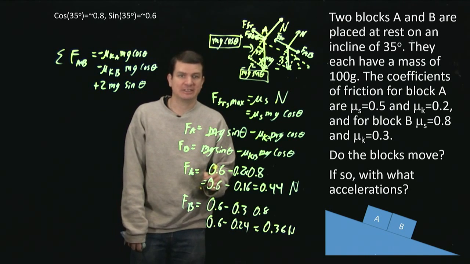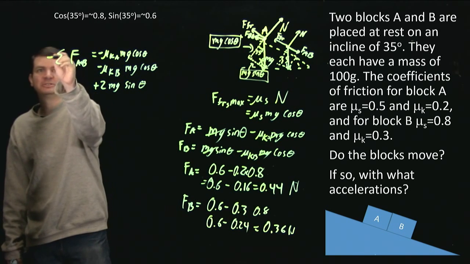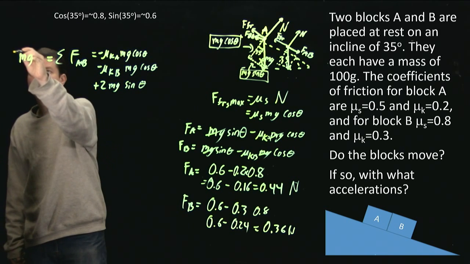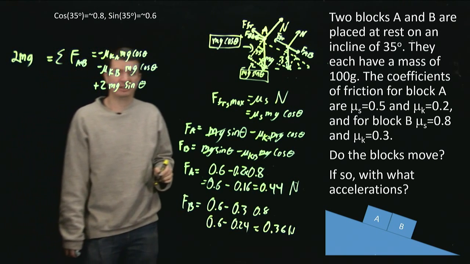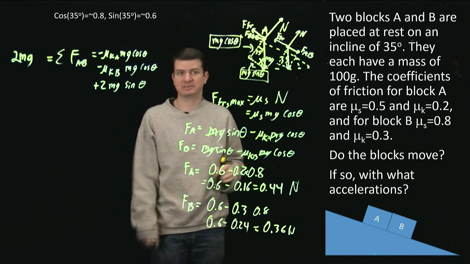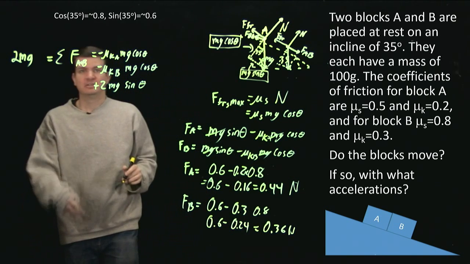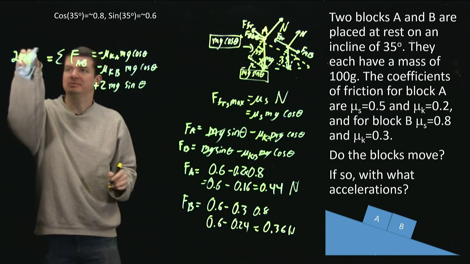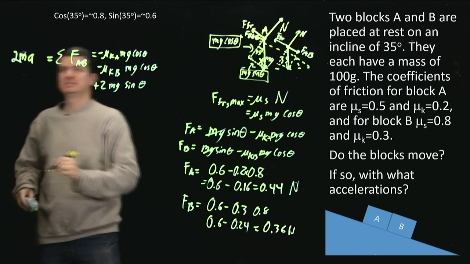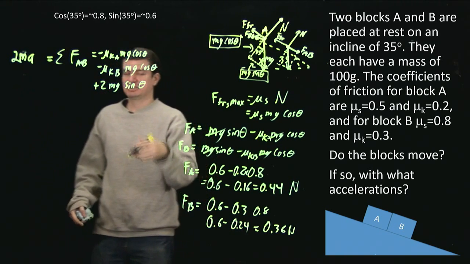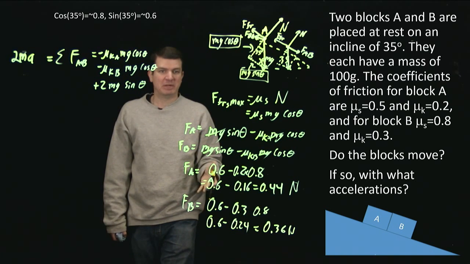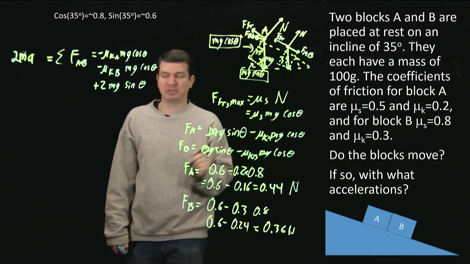And of course, if we want the acceleration, we know that the net force is equal to m a, where m, the mass of our combined object, is actually 2 times little m, because we've got 2 blocks moving together. So we get 2ma. We don't know what the acceleration is, because force is equal to mass times acceleration, and the mass is the mass of both blocks together.